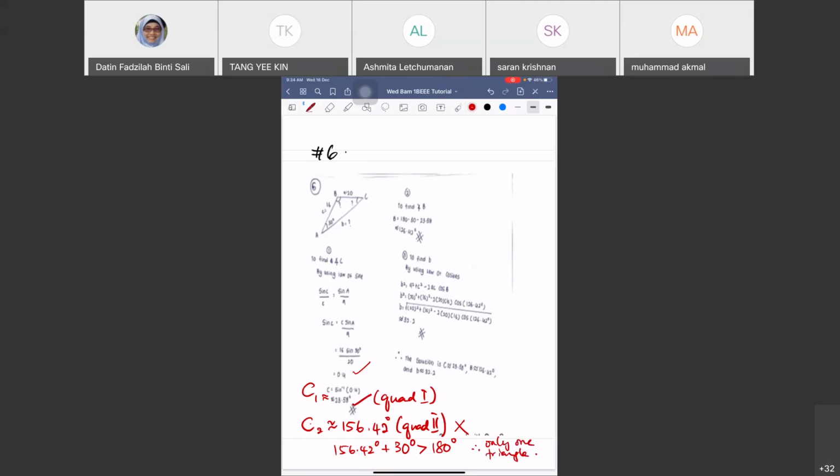Okay, so then only you find your B. All right, so I suppose this is correct. So then 180 minus 30 minus 23.58. Okay, so that is correct. B. So then you find the other length, I suppose. Okay, I suppose that one is also correct.